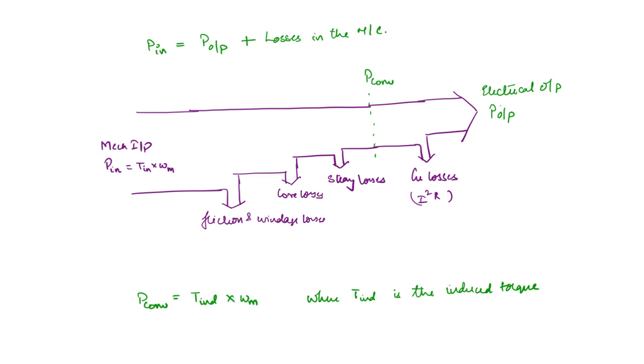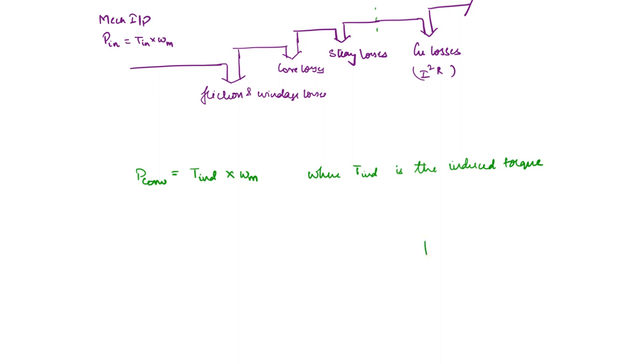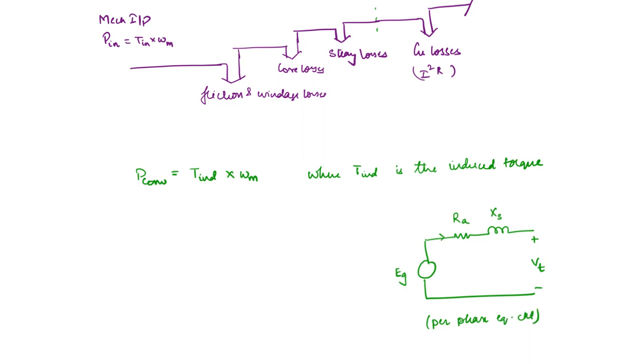Now this expression is in terms of the induced torque and the angular rotation. What about in terms of the voltage and current? If you take the equivalent circuit, this is EG, you're going to have the armature resistance RA and synchronous reactance XS, and this will be the terminal voltage. So we are talking about the per phase equivalent circuit here, and we can represent the armature current as well. Now what will be the converted power?